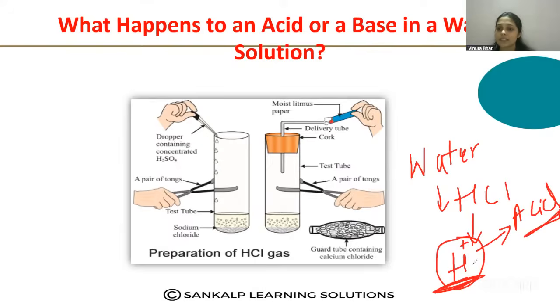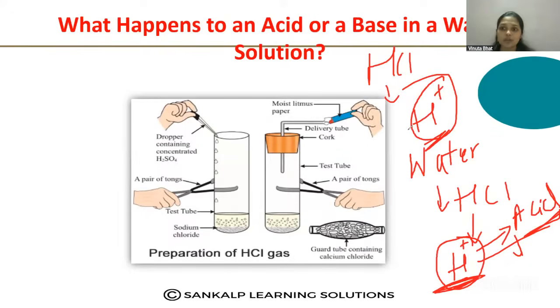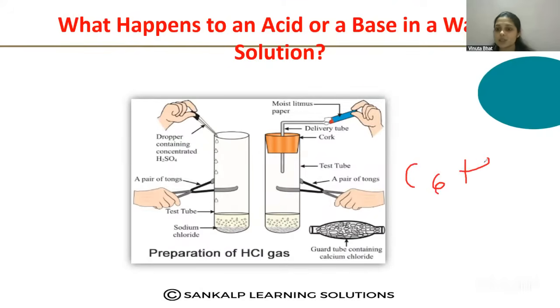But when dry litmus paper is used, the HCl gas does not produce H plus ions. When H plus ions are not formed, then it is not an acid. For example, I told you an experiment yesterday: C6H12O6 does not form H plus ions, so it is not able to form H plus ions even in the presence of water. So it is not able to show acid character, which means it is not an acid.